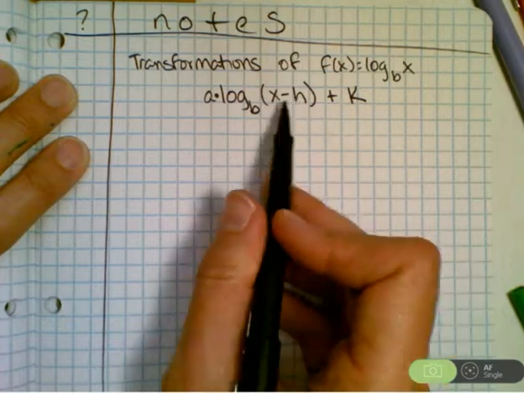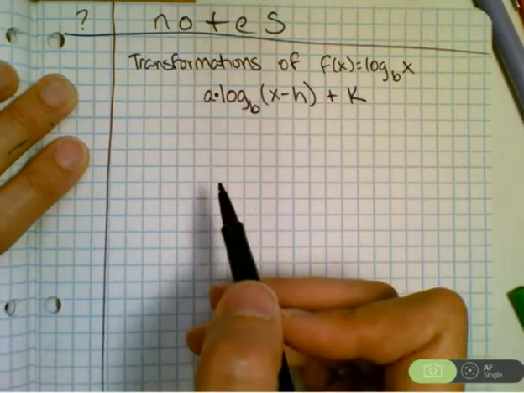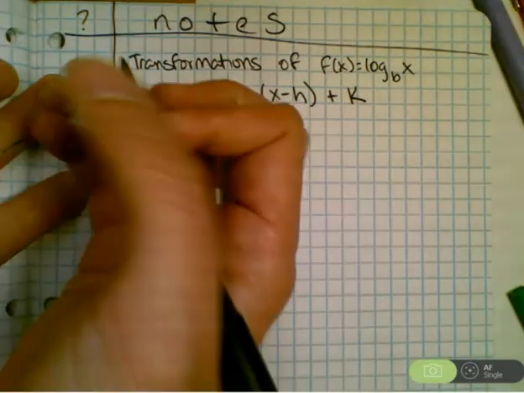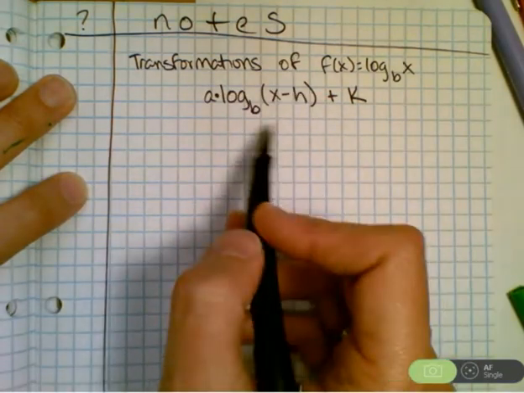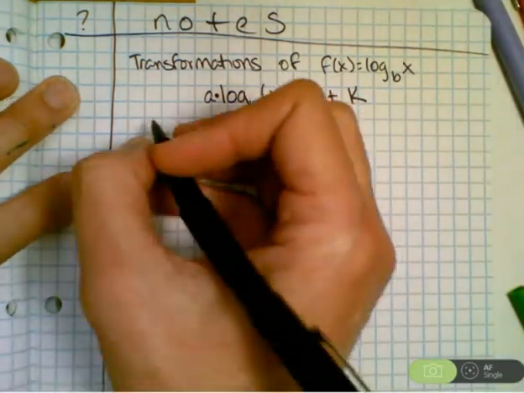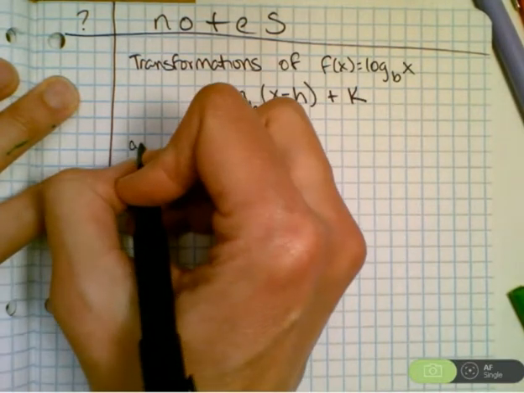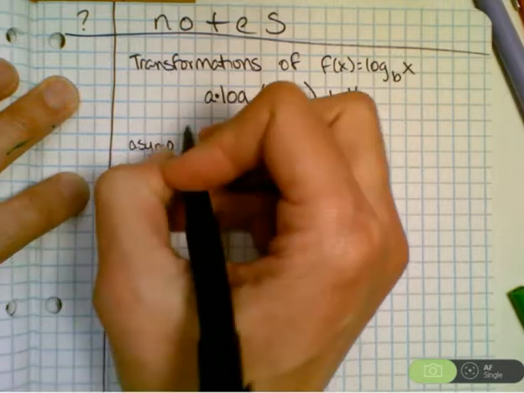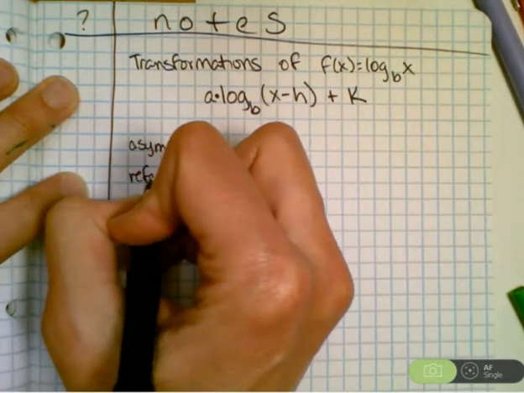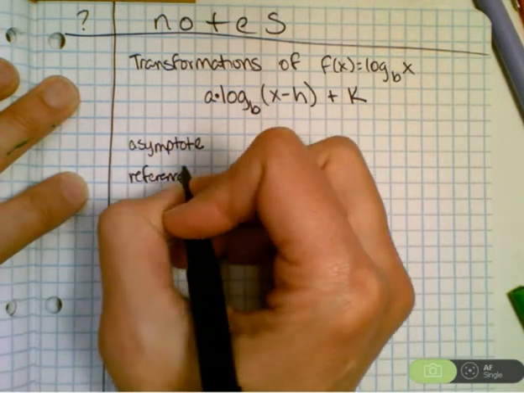And the a, b, h, and k still have the same basic roles that everything else has had. They're just going to show up a little bit differently because the original graph was different. So the things we're going to have in our table, we're going to have asymptote, and we're going to have reference points.